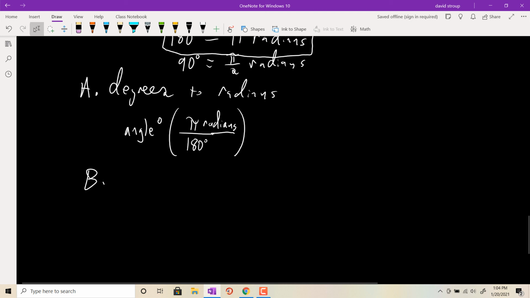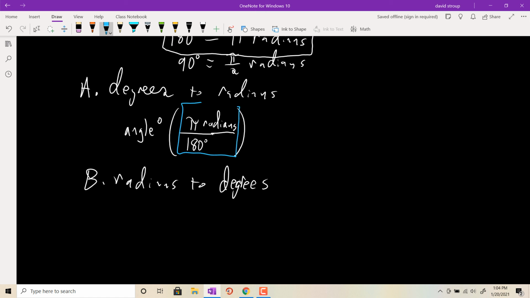The second one is going from radians to degrees. And I'm going to show you some examples here in a sec, if you're kind of not following my notation or whatever. Degrees. But the important part is this part right here. So if you're going from degrees to radians, you want that.